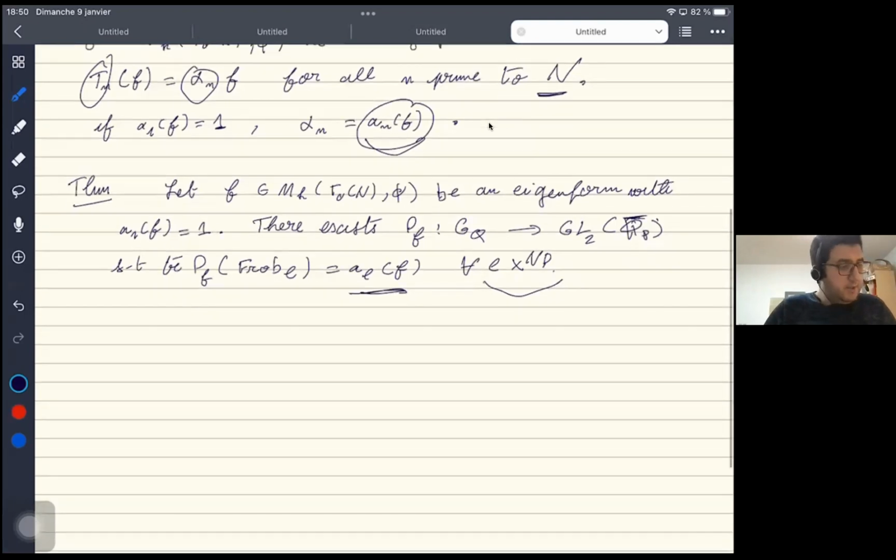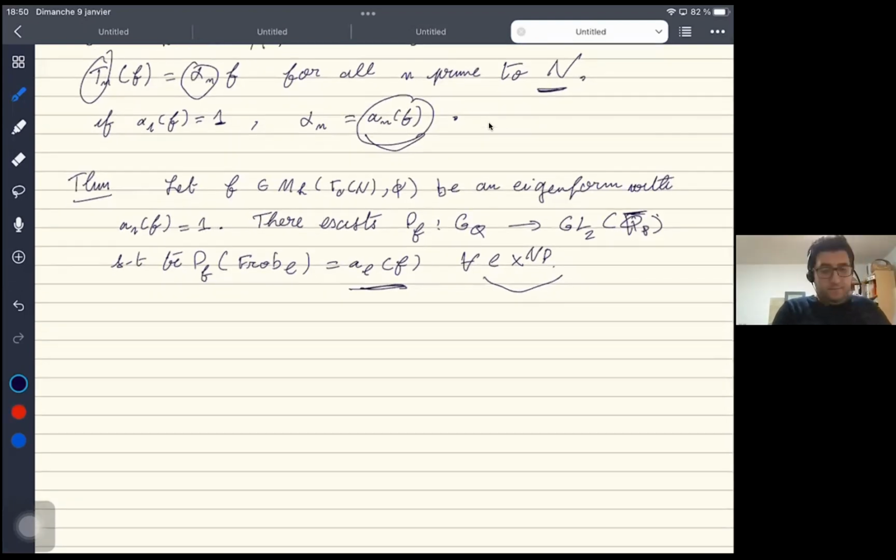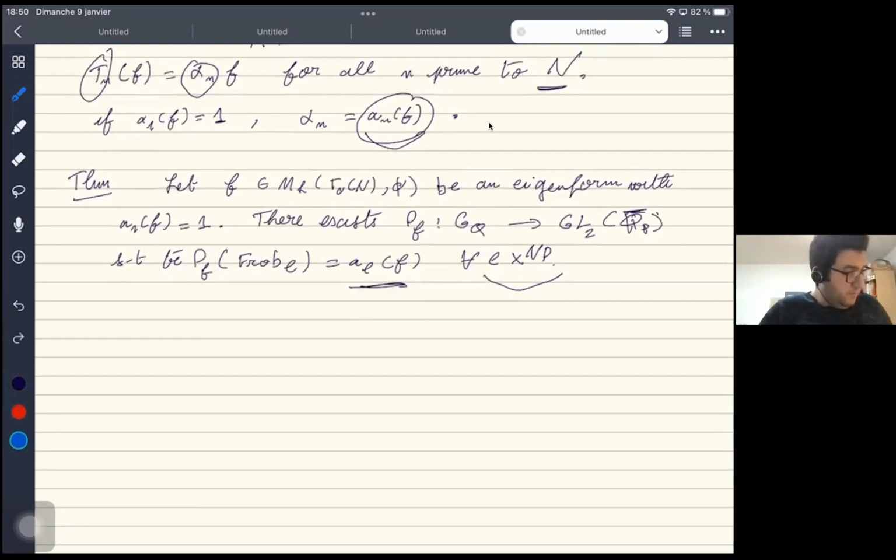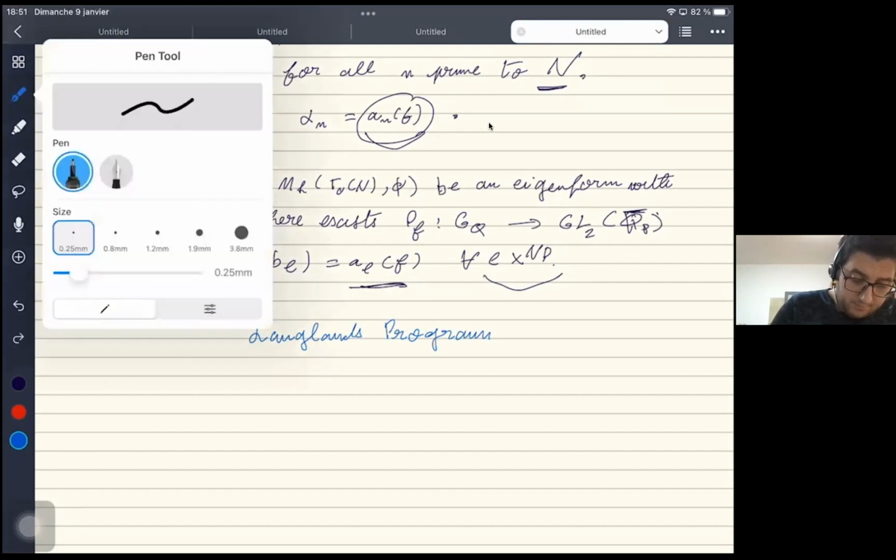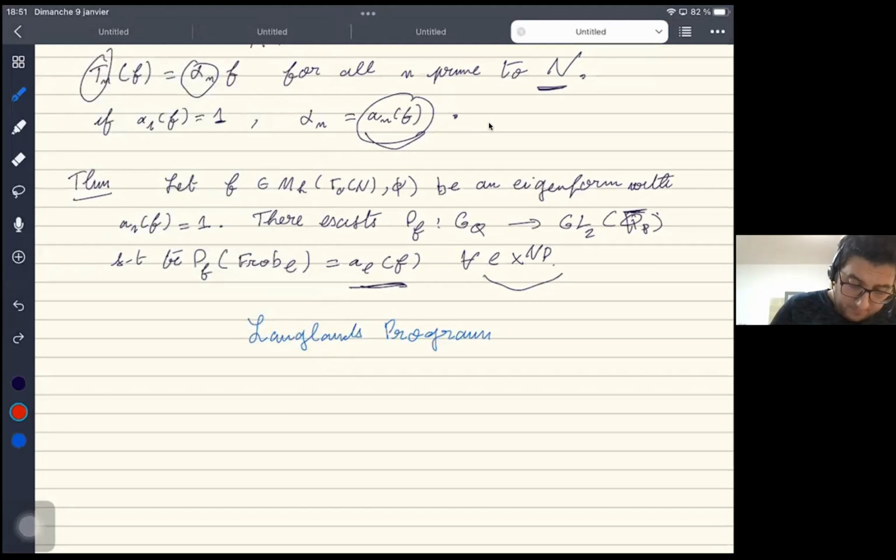And now I will just introduce a picture about the Langlands program. Sorry, before I need just to add one word. Here I forgot, I need to add just one definition. What does a cuspidal modular form mean?